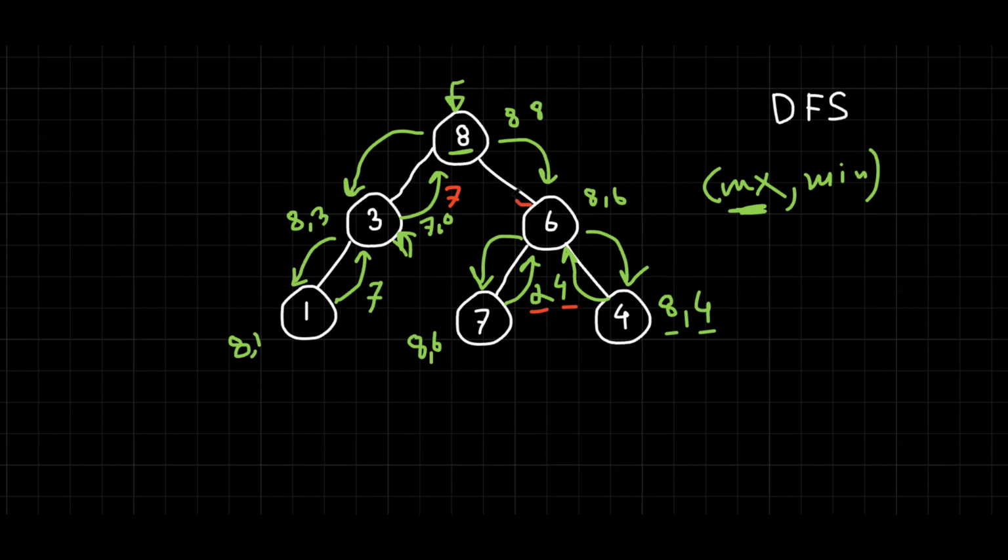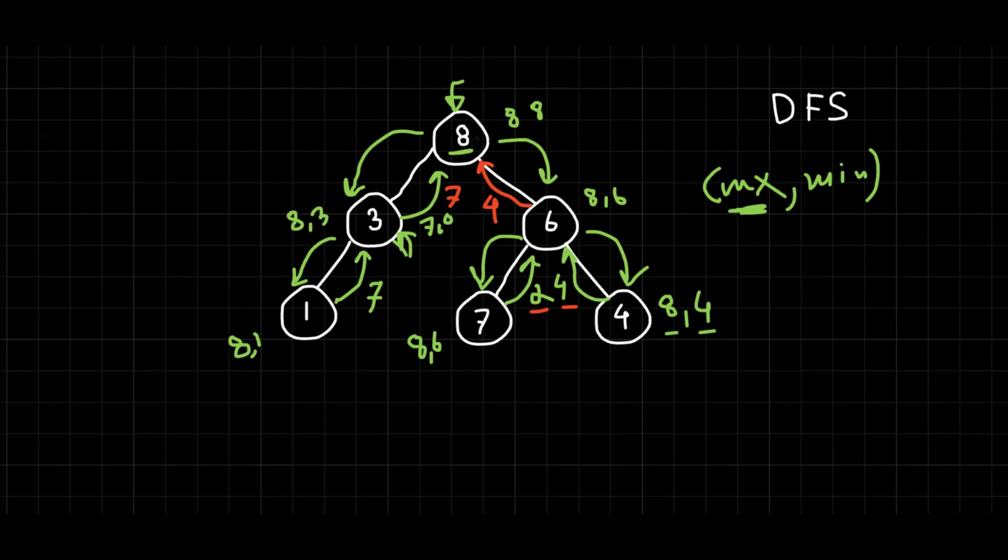And it will return the maximum of 2 and 4, which is 4. That means this 4 basically denotes that this path is optimal, because here the difference between the maximum and minimum is maximum. So here 6 will return the value 4.